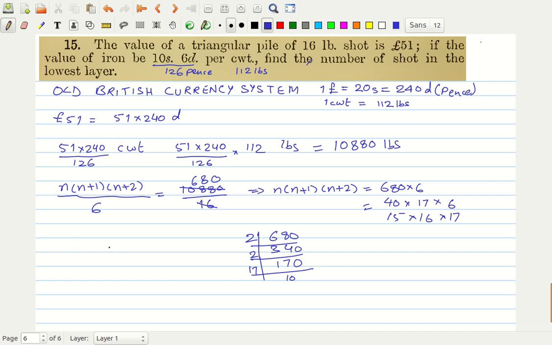So our n is equal to 15, and we are done.